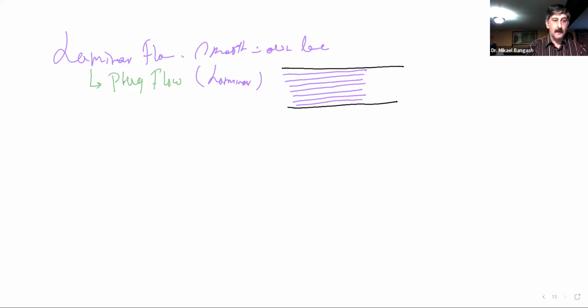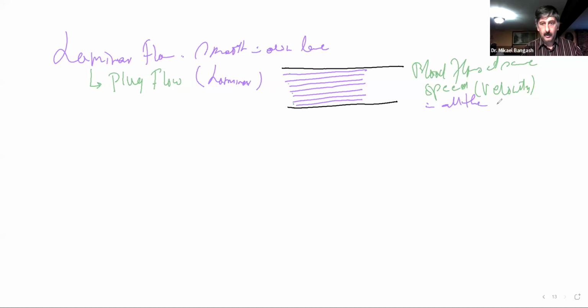But the subtype plug flow is because in all of the lanes, or layers, if you want to put it that way, blood flows at the same speed, or we can also say velocity, in all the lanes. Did you guys get that?